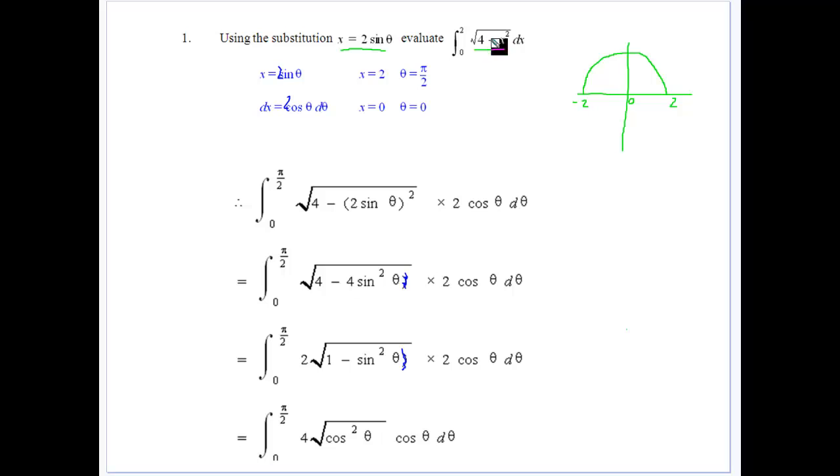That's actually a semicircle. And when we take the integral, we're looking at the area of that, which is really just a quarter of a circle, which has a radius of 2. So the area would be a half times pi times the radius squared, which is 2 squared, which would give us 2 pi. Now, is that what we got at the end?